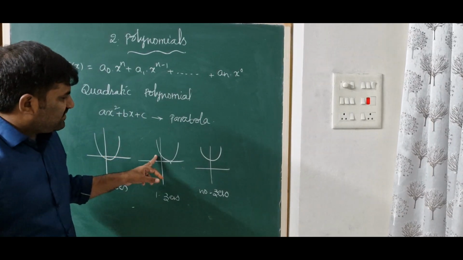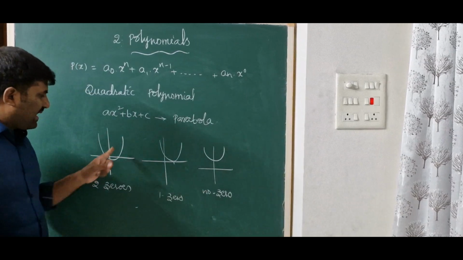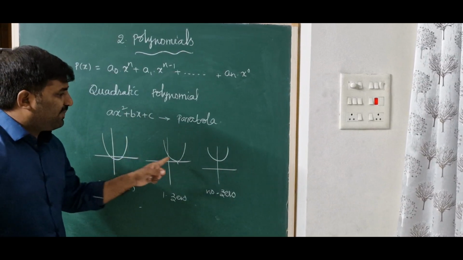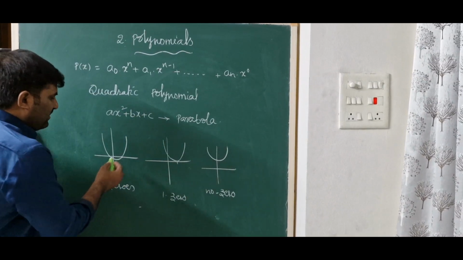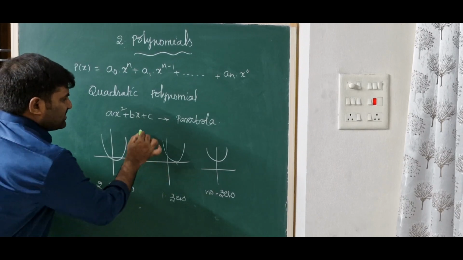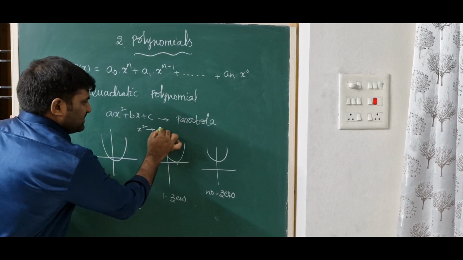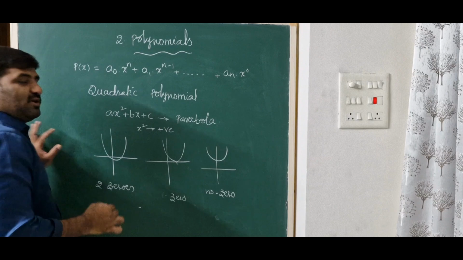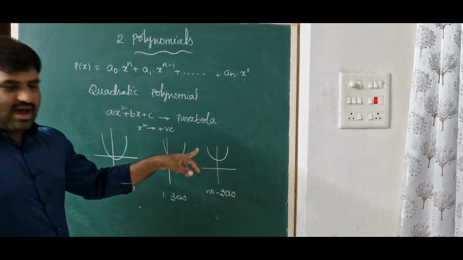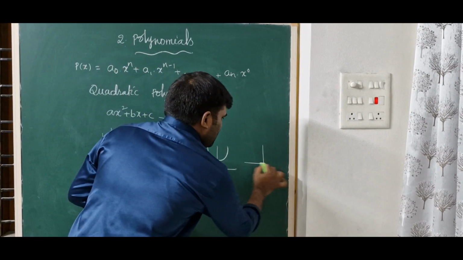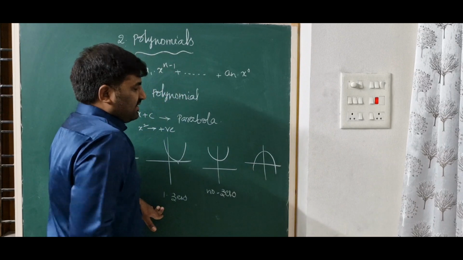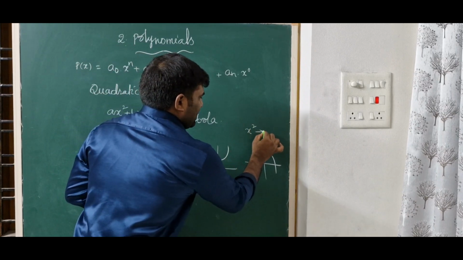If you observe these three examples, all three parabolas open upwards. Where the parabola opens upwards, the x square coefficient is positive. When the x square coefficient is positive, the parabola opens upwards, and if the parabola opens downwards like this, the x square coefficient is negative.